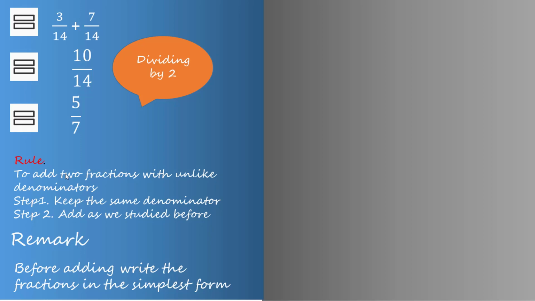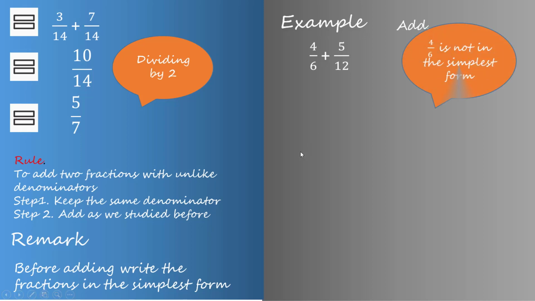Look here, if we have a fraction that is not in the simplest form, like this example, 4 over 6 plus 5 over 12. 4 over 6 is not in the simplest form. Dividing by 2, it will be 2 over 3 plus 5 over 12.